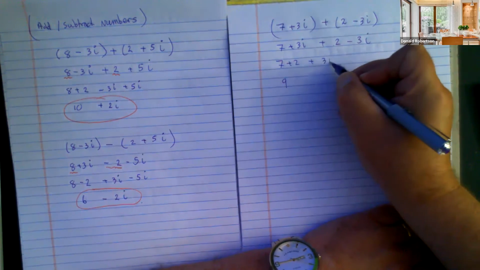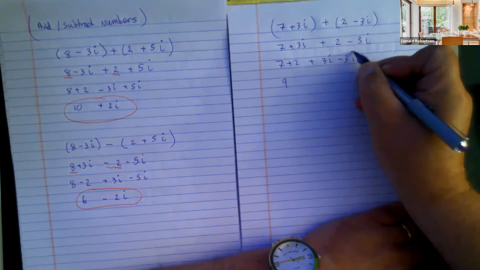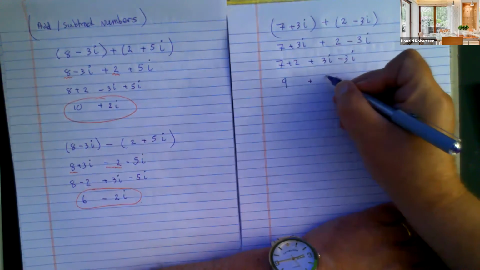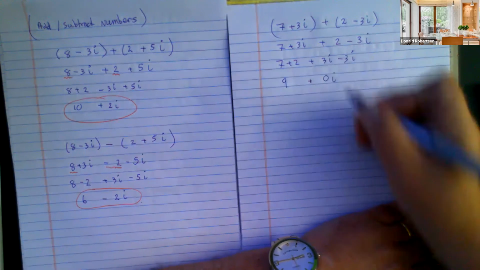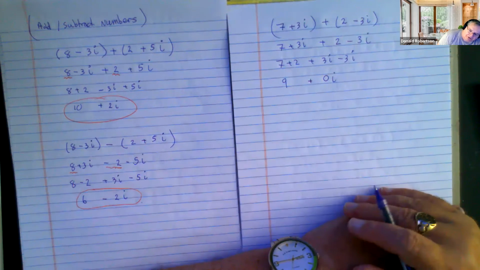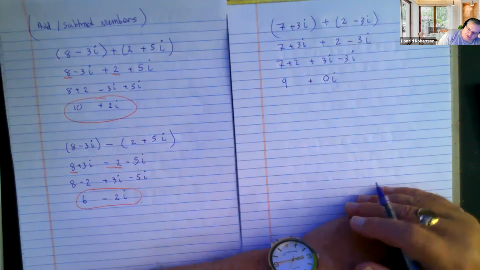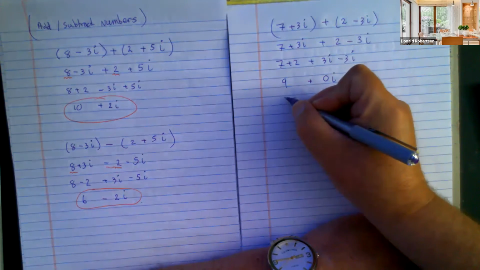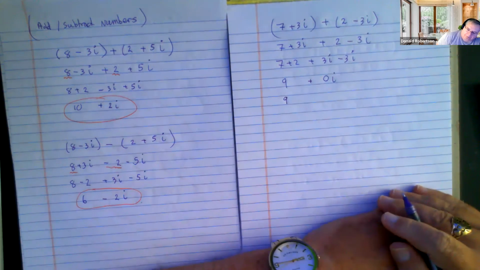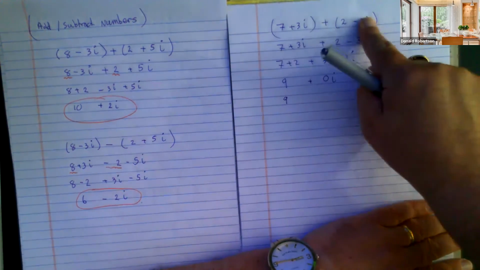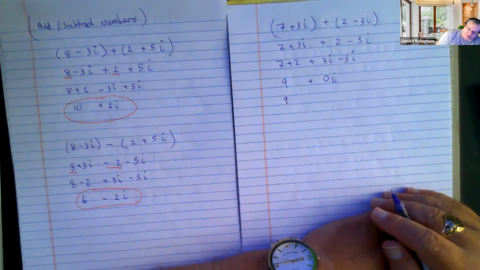And I have a 3i, take away a 3i. And you might say, well, that means 0 i's. But we don't write 0i, because in mathematics, 0 anything is just 0. So we don't even say it's 9 plus 0. We just say 9. So these two complex numbers, added, end up giving you just a real number, 9.